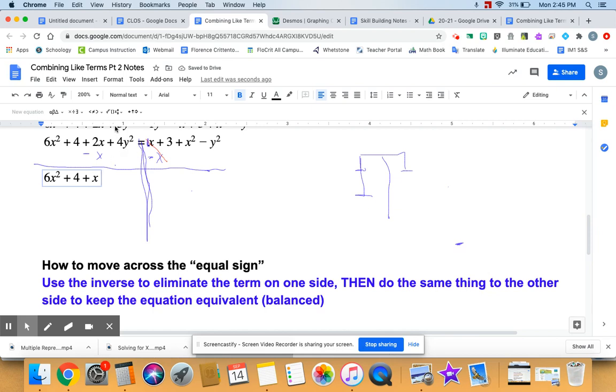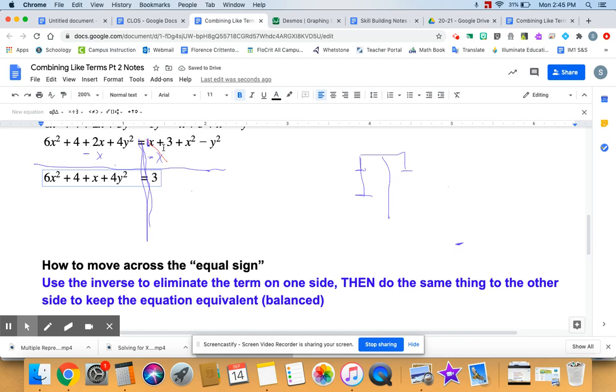Then finally, this 4y squared also has to come down. So I still have plus 4y squared. Then it's still going to equal, on this side, the 1x minus x canceled. There's no more x's. I don't have to write it. This 3 is positive, so I can just start it off with the 3.